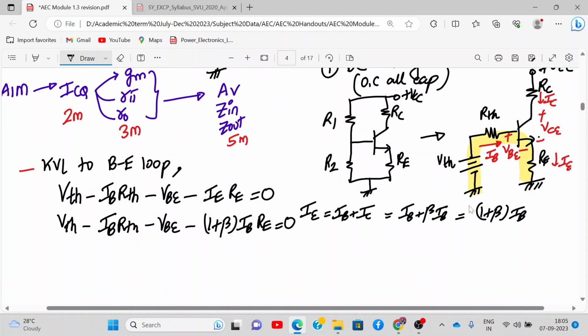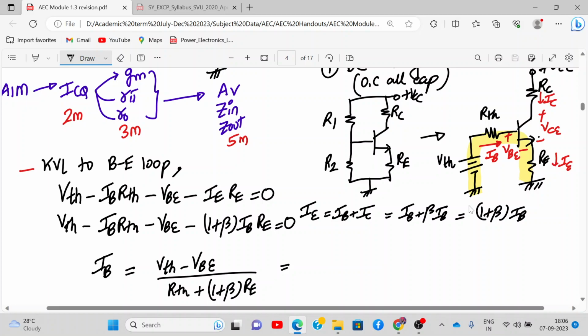So from here isolate the terms of IB and put everything else on the other side. So IB will be (VTH minus VBE) upon (RTH plus (1 plus beta) times RE). This we have to do in case you forgot the formula for this IB.